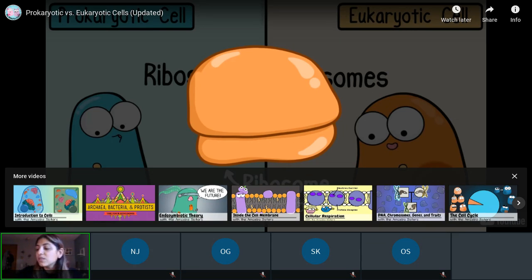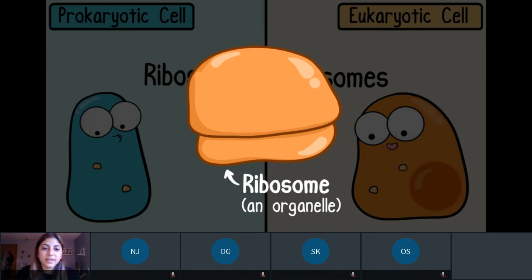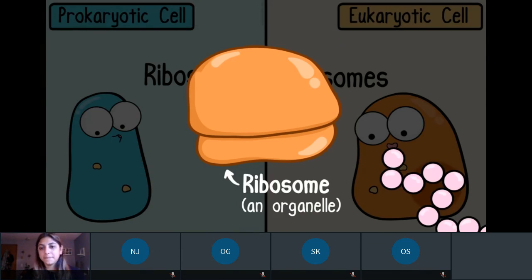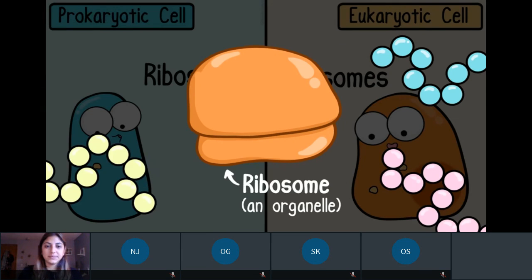So they take those directions from the DNA and they produce it, right? So that is something that every cell needs, are ribosomes. So that is also another similarity. An organelle being like a tiny organ. The ribosomes have the important job of making proteins.